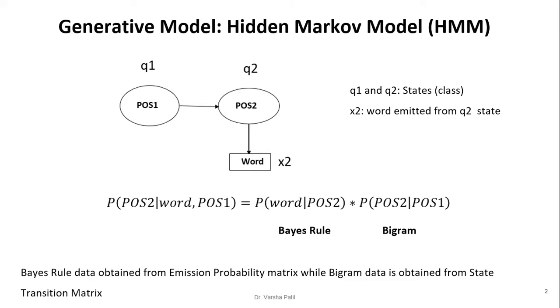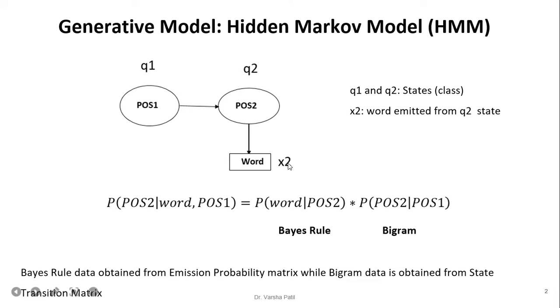Generative model. Here we want to determine the part of speech tag for the x2 word. These are the states q1 and q2. q2 is the current state and q1 is the previous state. We already determined the part of speech tag for the q1 state. Now we want to determine which category the word that is emitted from this part of speech tag belongs to.